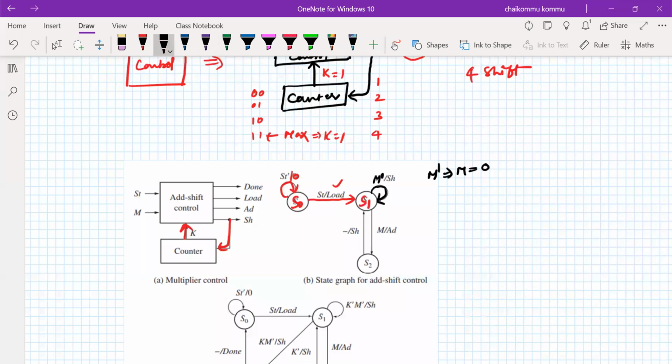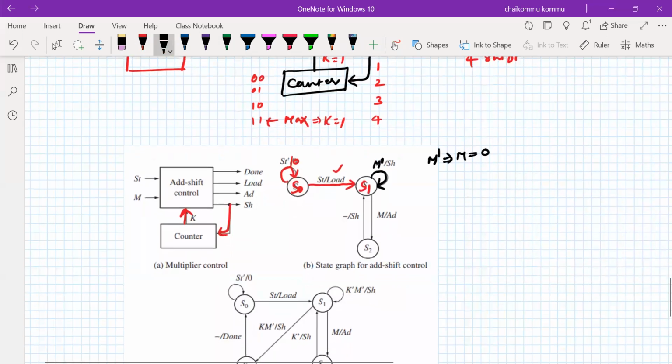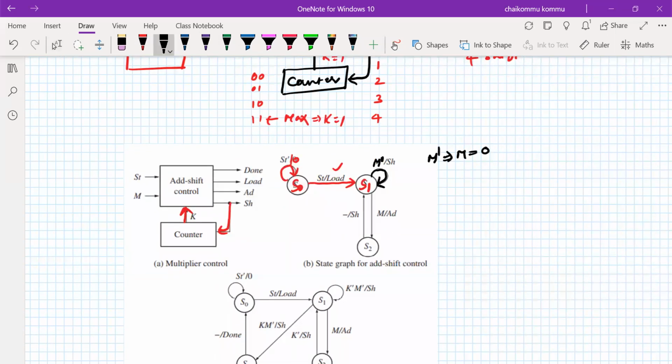Next, what we have to do at this point: M may be 0, M may be 1. Suppose when M is true, I have written it here; if false, I have written it here, and if true it goes this way. It enters the S2 state with the add signal. Once addition is completed, immediately it has to perform the shift operation. This state is meant for the shifting operation.